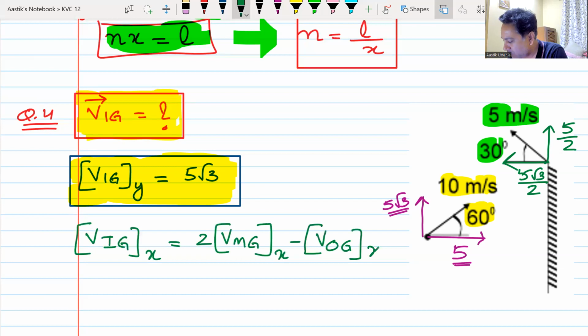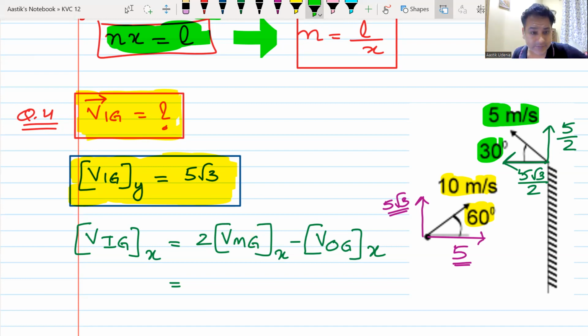We have used this formula many times now. Can you tell me the answer? This velocity, oops, I colored it wrongly. This velocity of mirror with respect to ground, the x component, and velocity of object with respect to ground's x component.